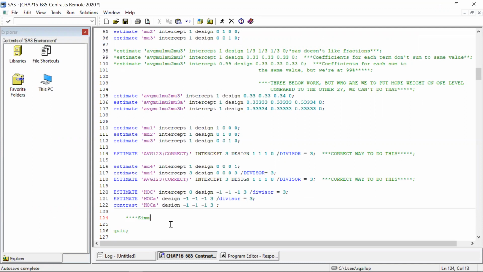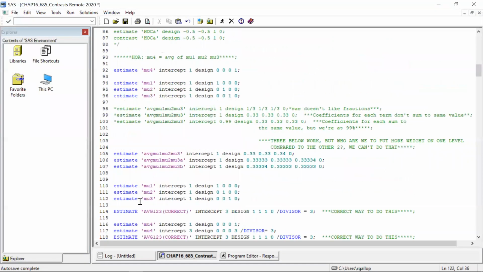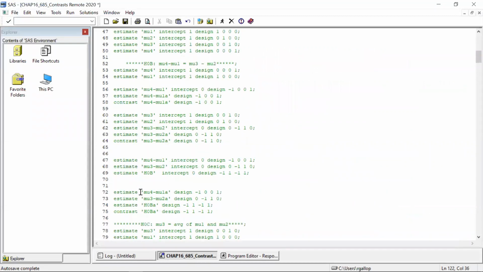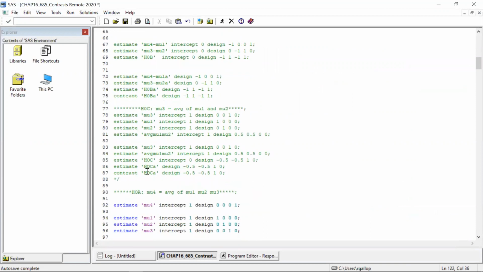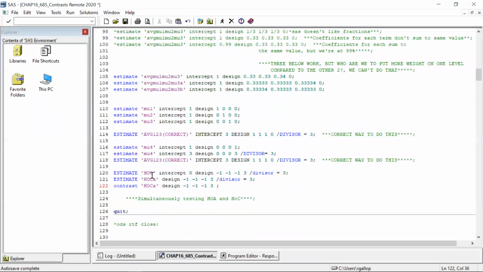So basically we're simultaneously testing. I guess this should have been called A. My apologies, I called that C; this should have been called A, not C. So let me make that change to the code for you guys.